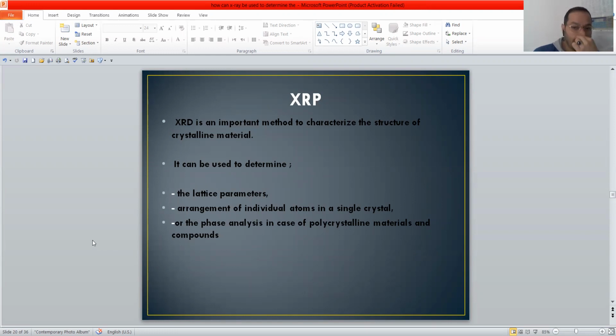Or the phase analysis in the case of polycrystalline materials and compounds.